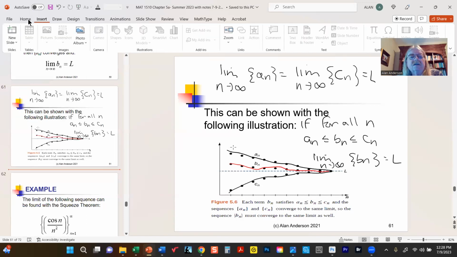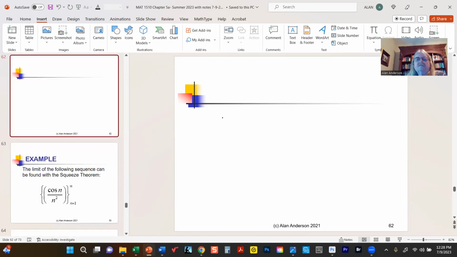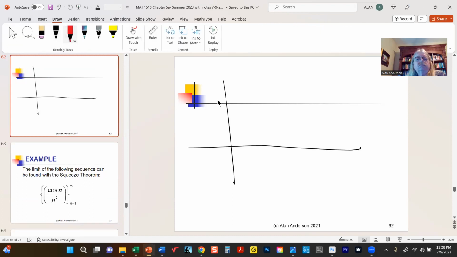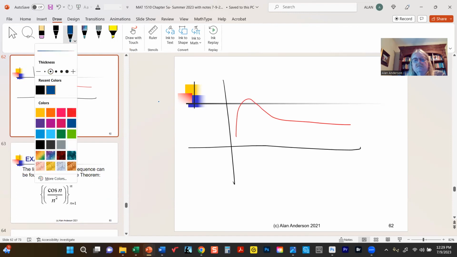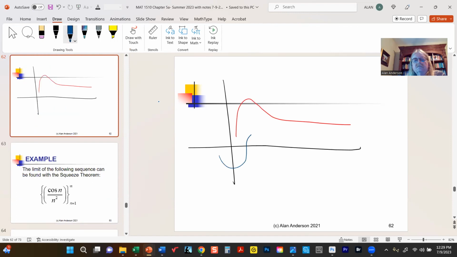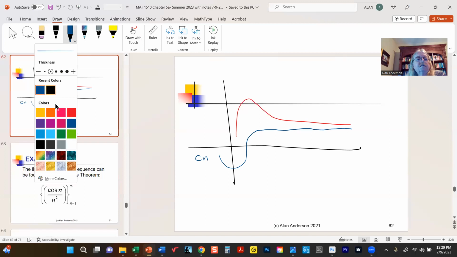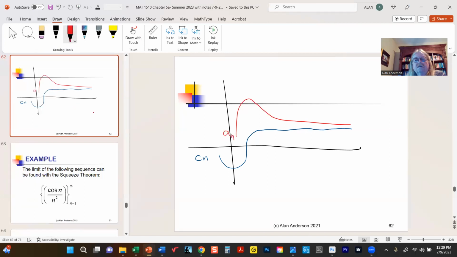Let's say if you had something like this. A is, and then B is, and then this is actually C. And then let's just say B is.